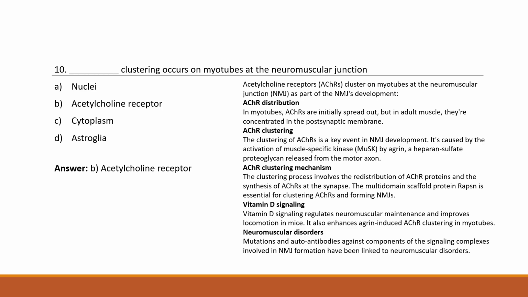Neuromuscular disorders in which this is involved arise when there are mutations, or when autoantibodies are developed against the components of this signaling complex. When there is mutation in these particular proteins, it matters for both the signaling molecule, acetylcholine, and the other protein, the receptor.